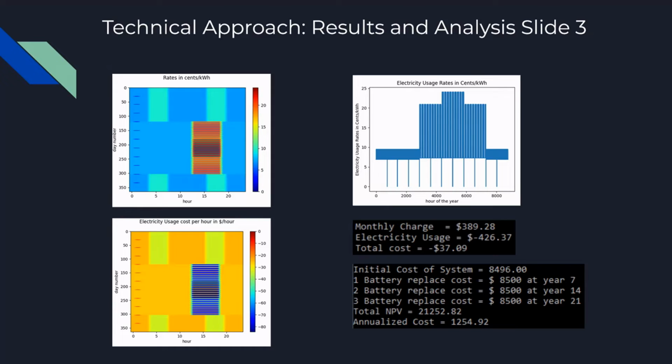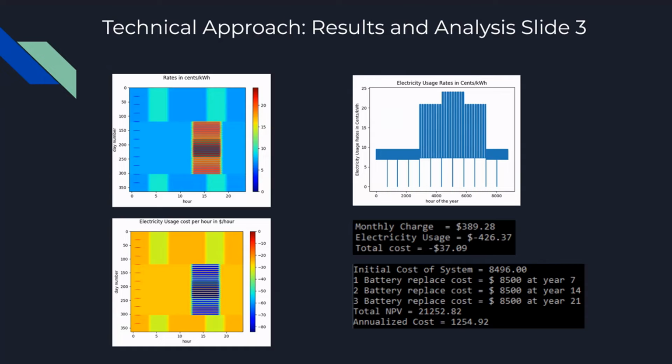The monthly charge of my system would be like $389, and the usage would be -426, which would mean the electricity company would pay the users of the system $37 a month.